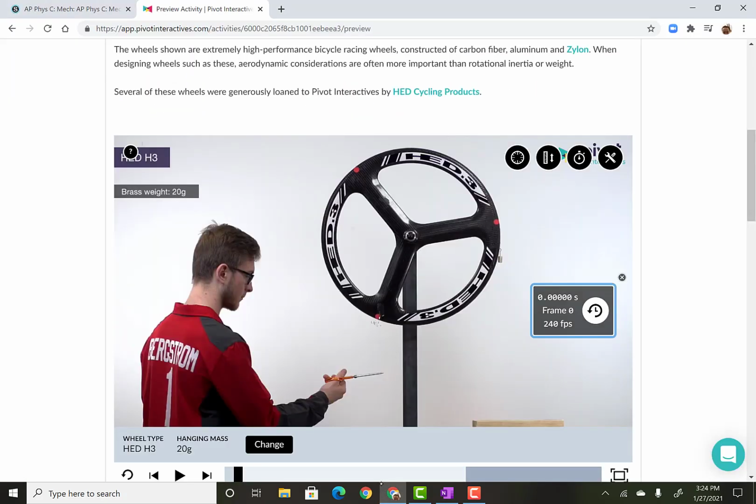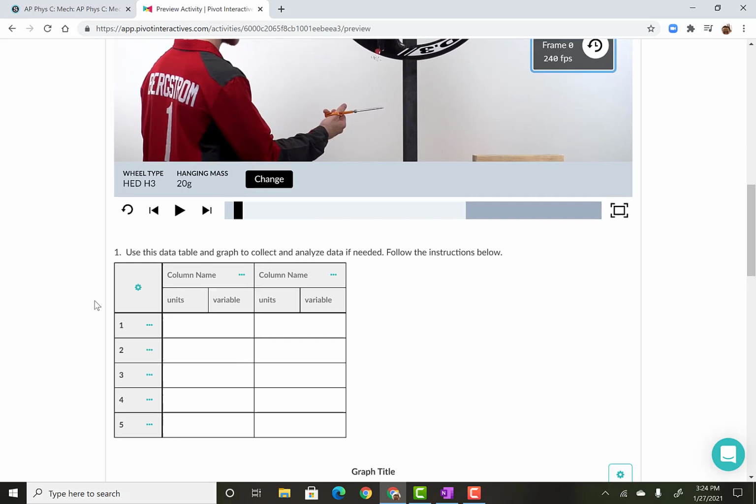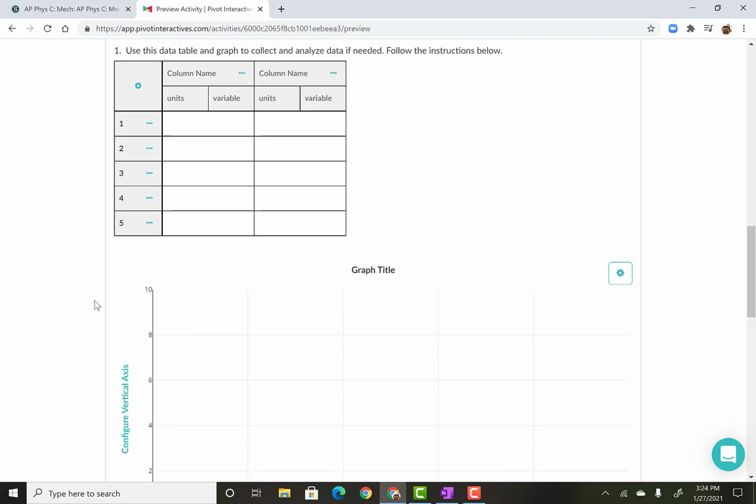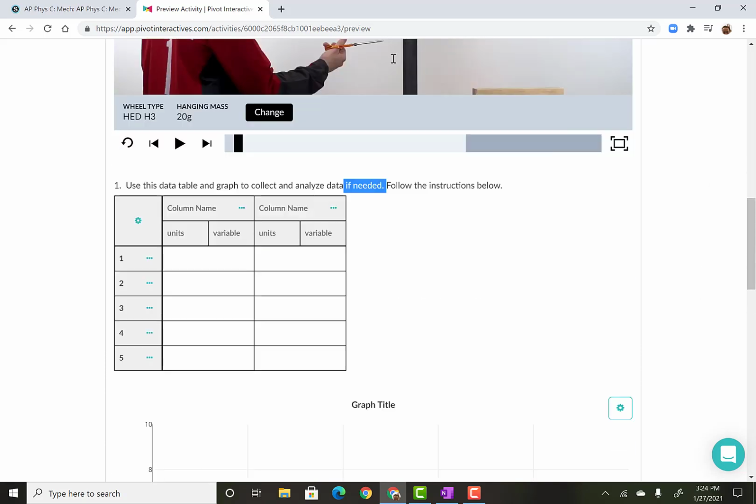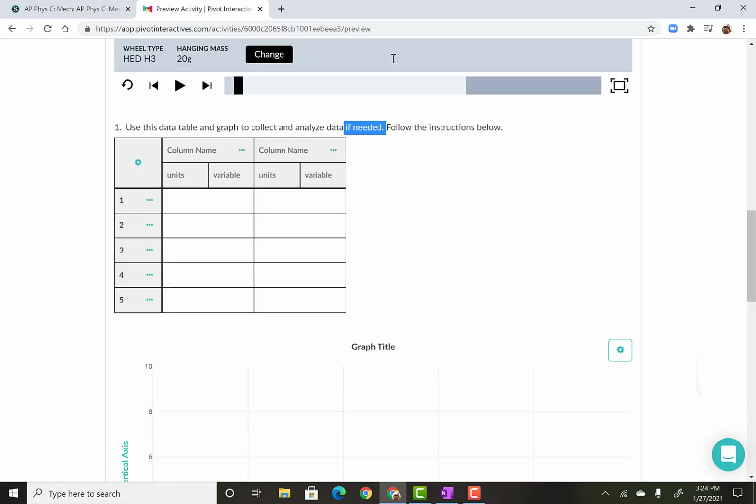First off, I found out later that on the AP exam they're probably going to require you to use a graph. Sometimes they might, and be careful with terms like this. Although this says use a data table and graph to collect and analyze data if needed, meaning you don't necessarily need to do that. And then it says follow the instructions below.